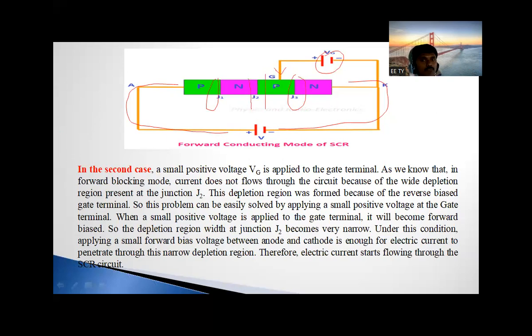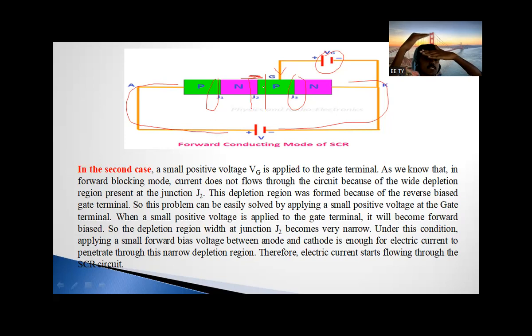While injecting current carriers into the inner P layer, this depletion layer is going to be finished at one particular voltage level of the gate circuit.